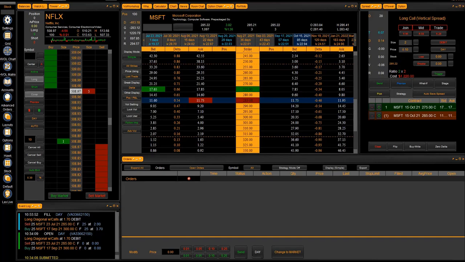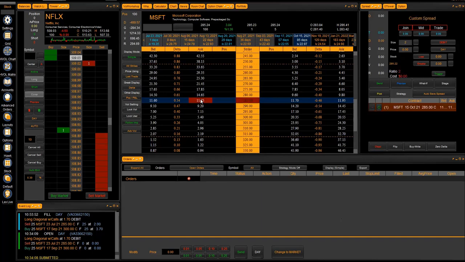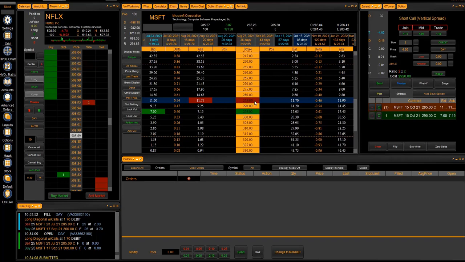Okay. So that's half of a butterfly. The other half of the butterfly, let's take these out for a second. And we're going to go into this 285 to 95 short call spread, right? This is a credit spread. The other one was a debit spread. The net of the two was a debit, in fact. But this spread benefits by being beneath this 285 strike at expiration, and we collect the full extent of the credit.